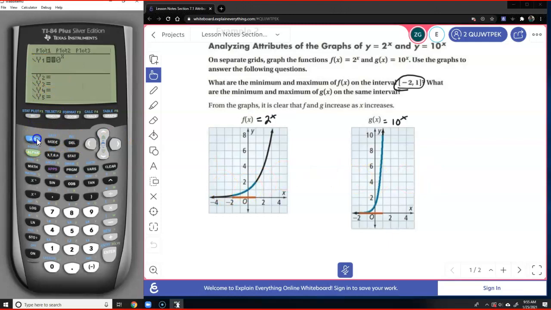We already have 10 to the power x. Let's just focus on -2 to 1. So let me highlight this. We're going from -2 to 1, and we're also focusing on the y values. So that's why I'm highlighting.